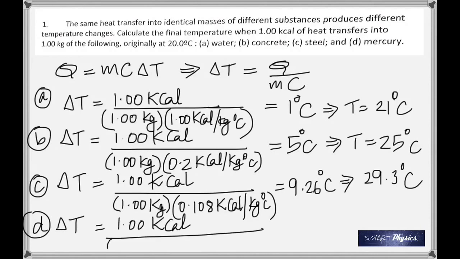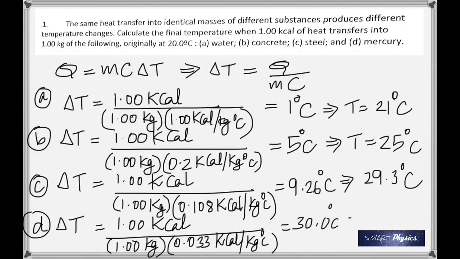In D, it's mercury. 0.033. It's a metal, so it has a very small specific heat. That means the increase in temperature will be higher. As you can see, it's 30 degrees Celsius, therefore the final is 50 degrees Celsius. So I hope you understand that a smaller specific heat means a bigger change in temperature.